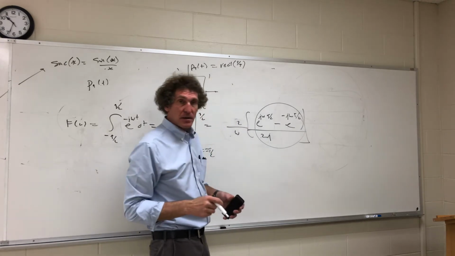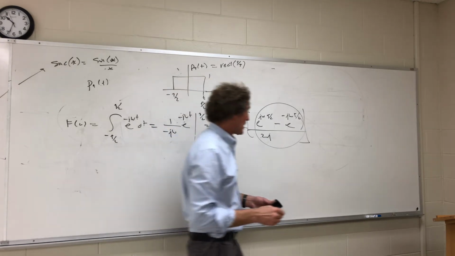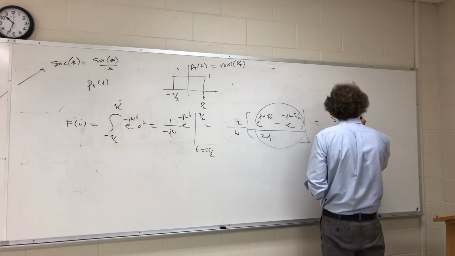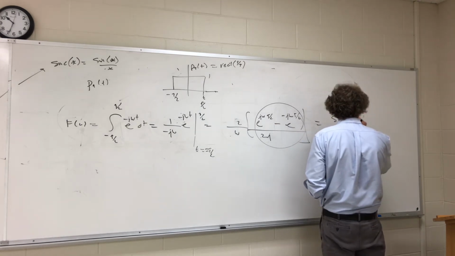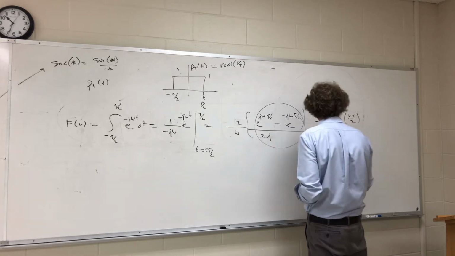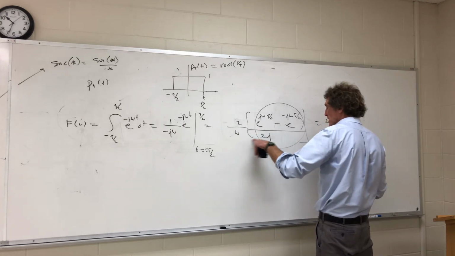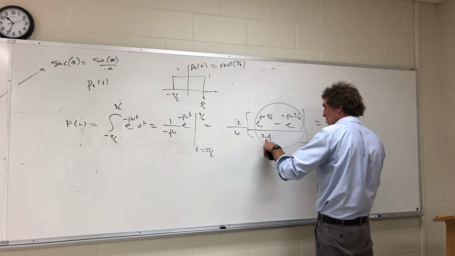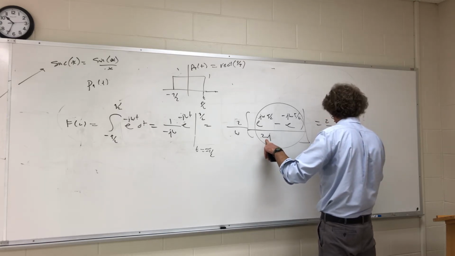Agreed? Everybody? So I have sine of omega tau over 2. And now I have 2 in front, and I have omega here.